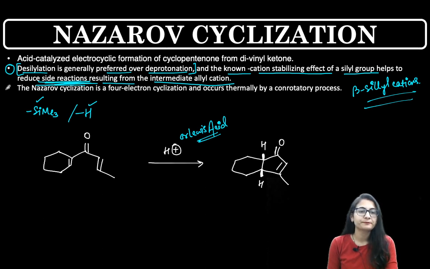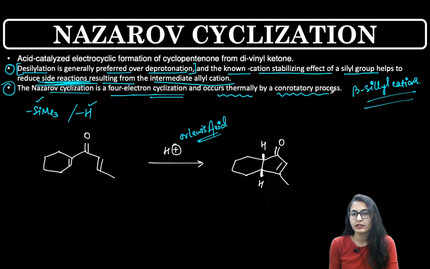That also we'll see. Now the last and the most important point, that Nazarov cyclization is a 4-electron cyclization and occurs thermally by a conrotatory process. So yes, did we see electrocyclic formation? Yes, acid-catalyzed electrocyclization basically.